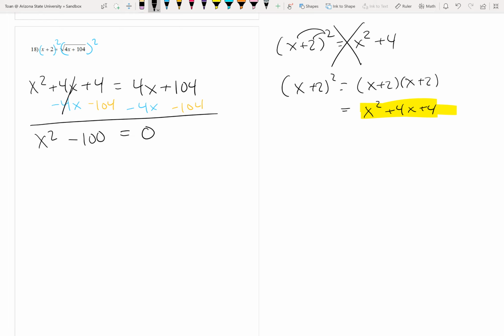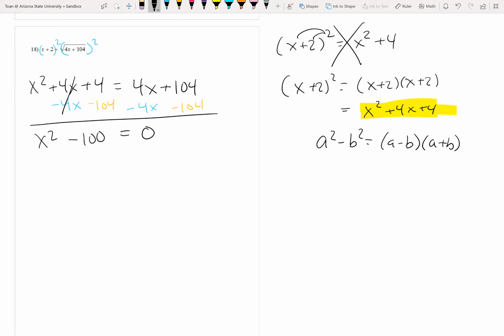Now this is actually a special situation. Notice that you only have one variable term, the x squared, but you also notice they're perfect squares as well. So we can actually factor this using the difference of two perfect squares pattern. Or, since there's only one variable term, you can just solve it straight up using good old-fashioned inverse operations.